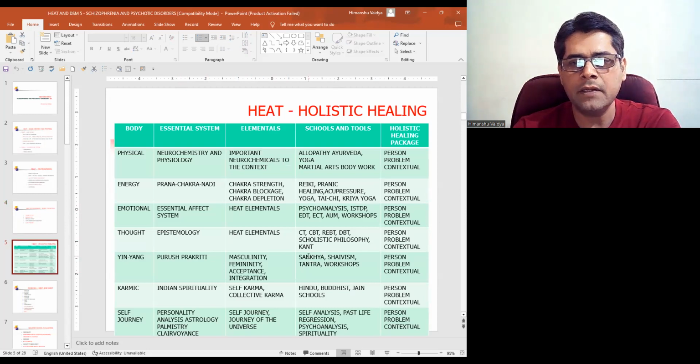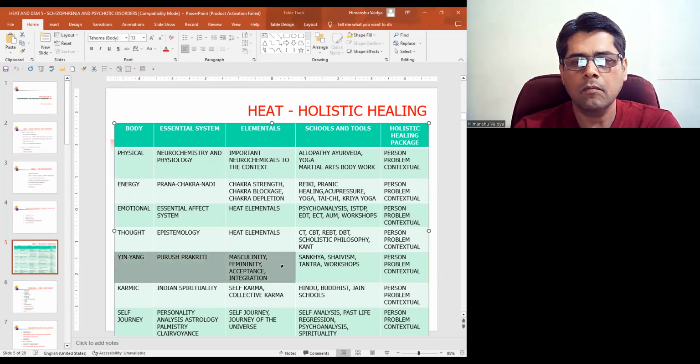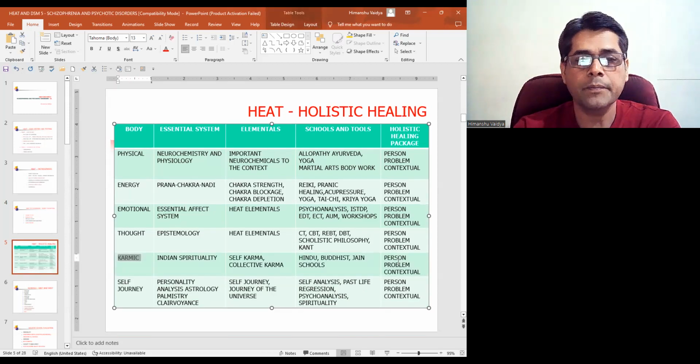Take a look at the comprehensive 5-body and 2-element system. Whatever is useful, take it there. Whatever is not useful, remove it. Let us say there is an attack on linking and femininity, masculinity is not so much of an issue, then remove this part. Say we are dealing with a cognitive thought disorder.